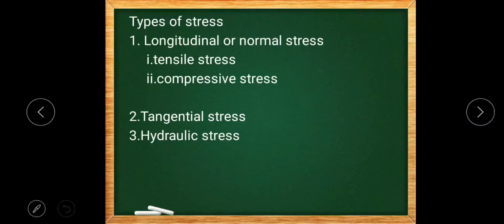Types of stress. There are three types of stress. First one, longitudinal or normal stress, in which there are two subtypes, tensile stress and compressive stress. Next, tangential stress, and the last one is hydraulic stress. Let us discuss one by one.